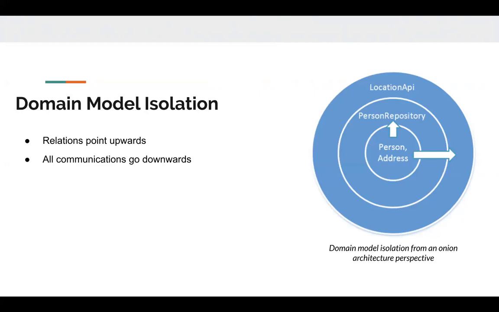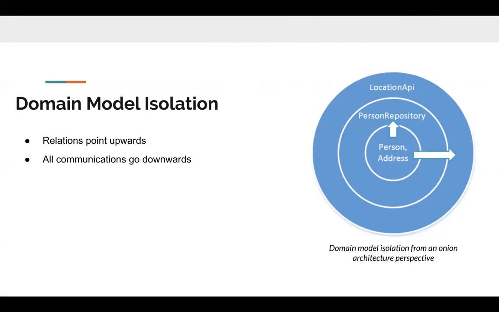So essentially what that meant to say is that all of the code that's living in the core of that diagram, the person, address, can run, can compile, can do all of the things it does without needing anything in the outer layers. On the other hand, the outer layers need the things on the inner layers.